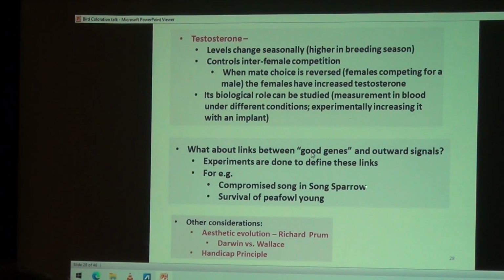In the song sparrow, there's an area in the brain, the nucleus, that is responsible for the song. And if this is not fully developed, the mature bird has a lower quality song.